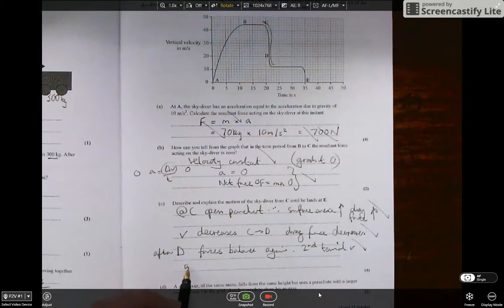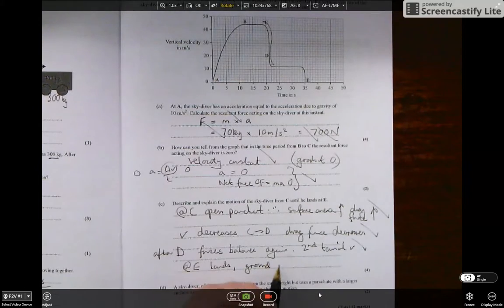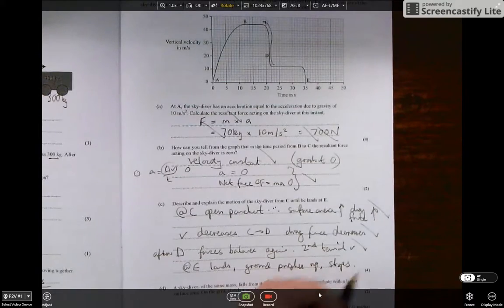And then at E, he lands. The ground pushes up on him, and that's a reaction force. So he stops. And 1 mark for that. So there's our 4 marks.